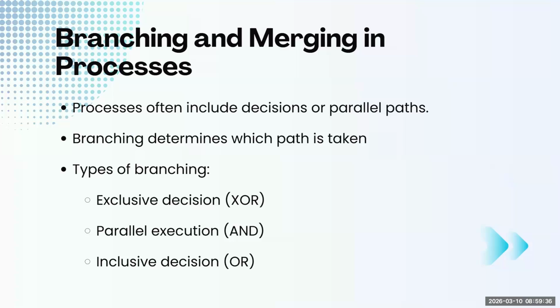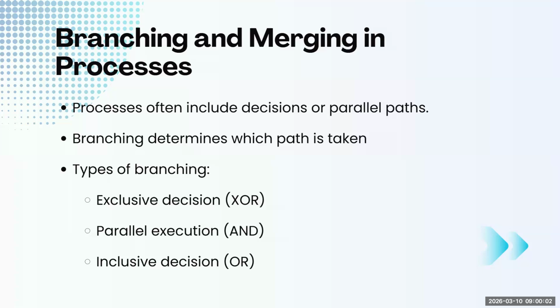Branching and merging. In many business processes, the workflow does not always follow a single straight path. Instead, processes often involve decisions or parallel tasks which require the workflow to branch into multiple paths. This is known as branching and merging.